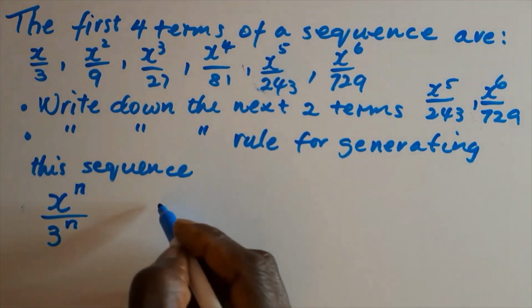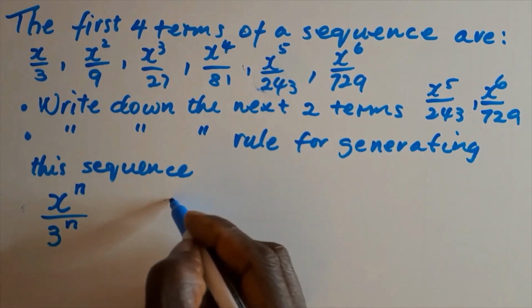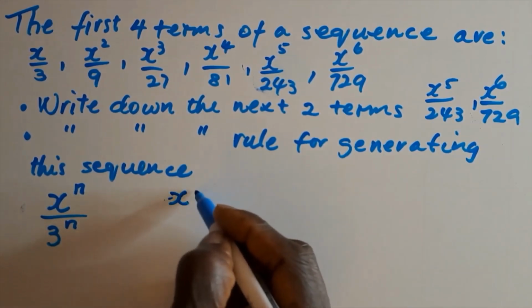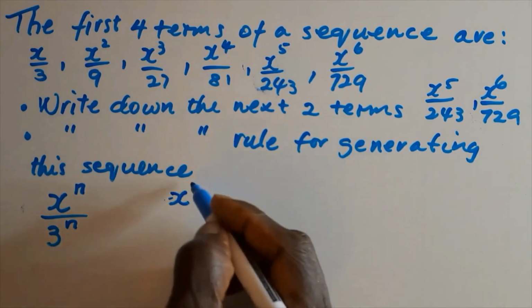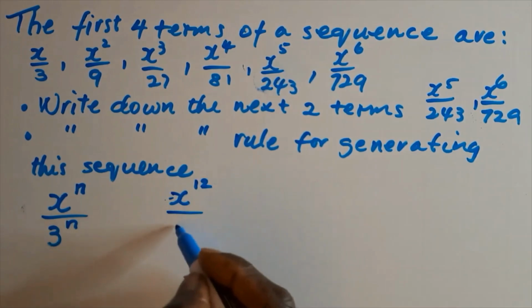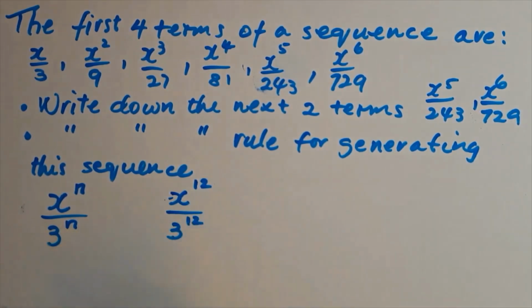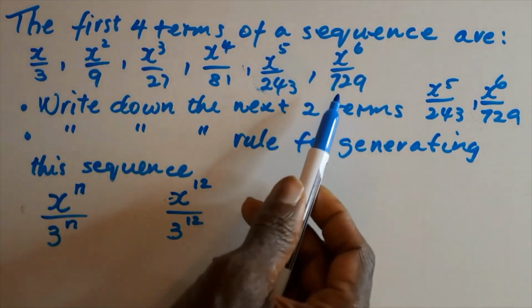So for example, the 12th term in the sequence is x to the 12th over 3 raised to the power of 12.